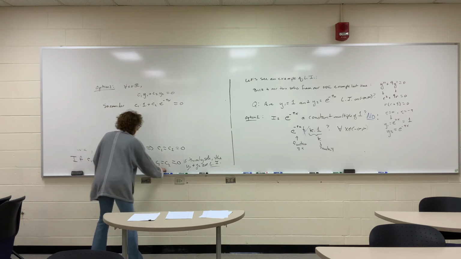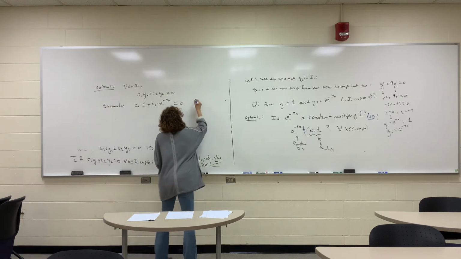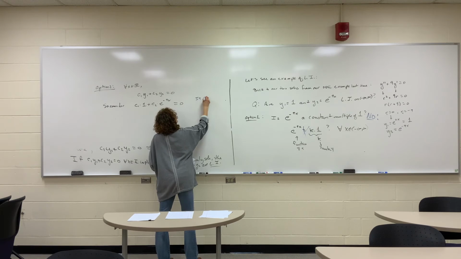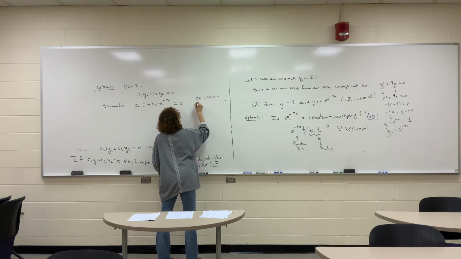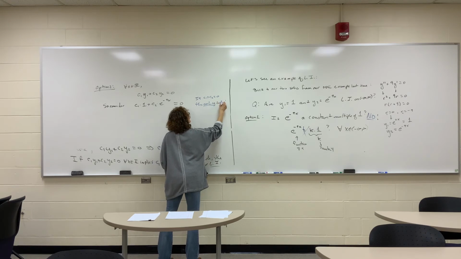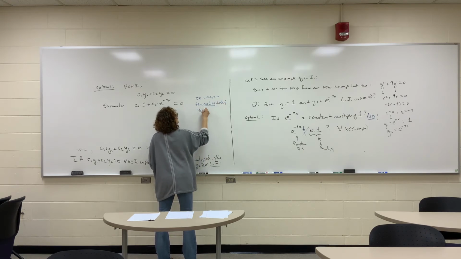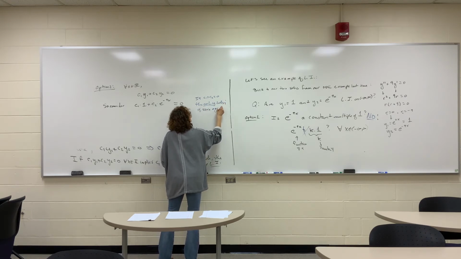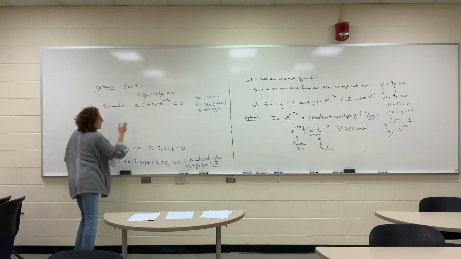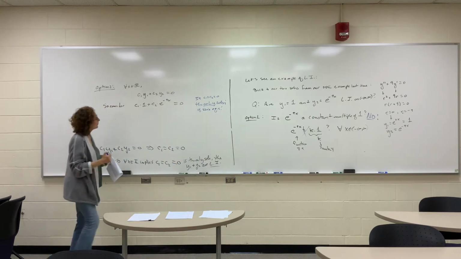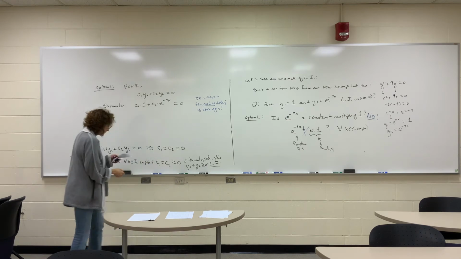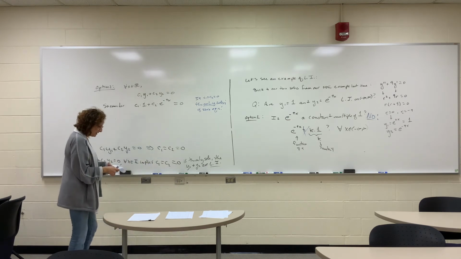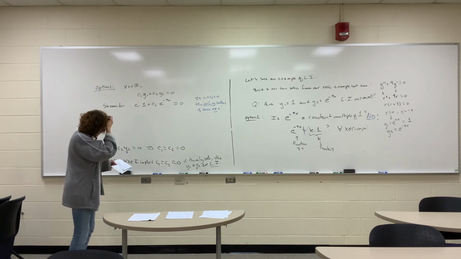So if we just write over here, is C1 equals C2 equals 0 the only solution of this equation? We know that solves the equation, but are there other C's hiding out there? How might you justify that to yourself?